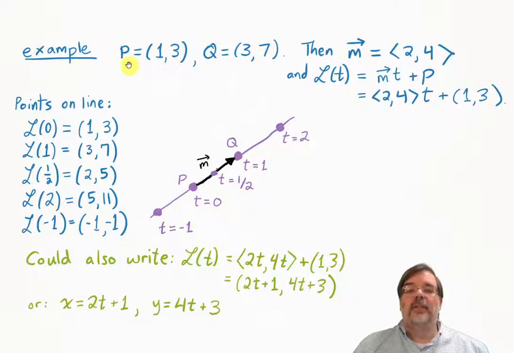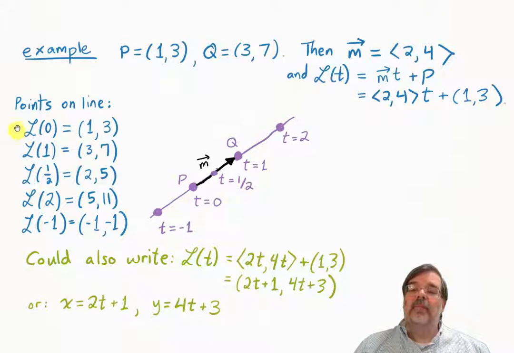So Q minus P. 3 minus 1 is 2, and 7 minus 3 is 4, so our slope vector is (2, 4). The equation of this line, L of t, which is m times t plus P, that's our slope vector, (2, 4) times t plus (1, 3).